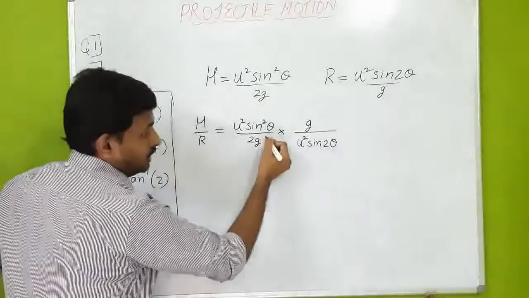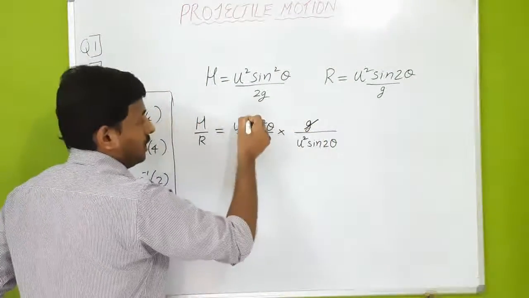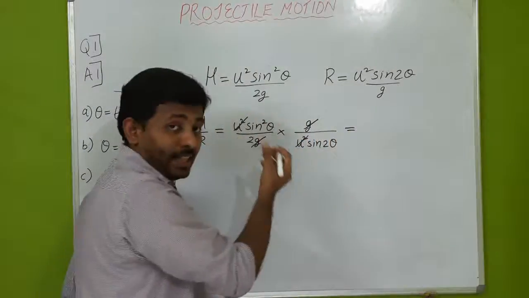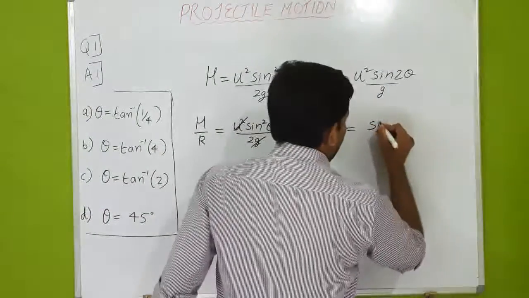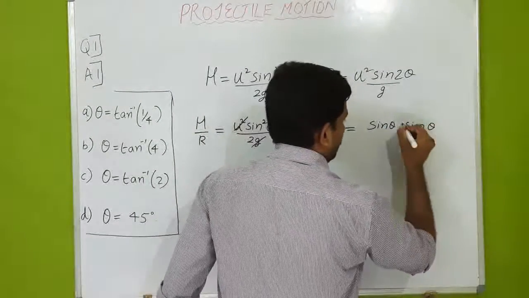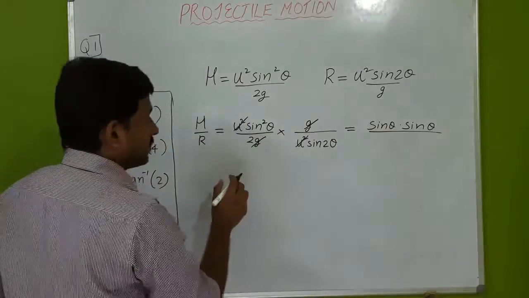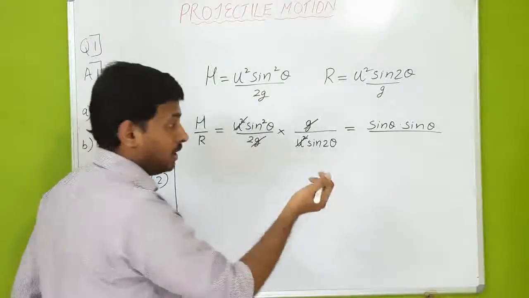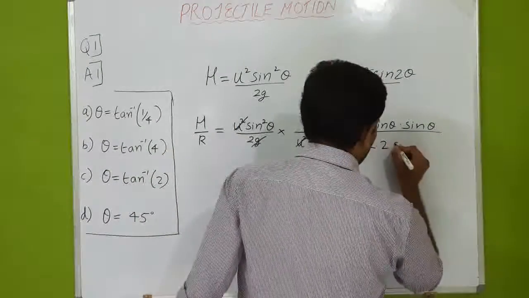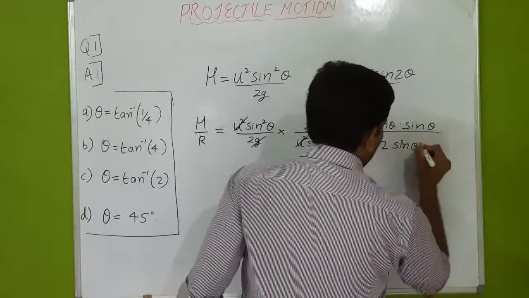So therefore this g and this g cancel, this u square and u square cancel, and we have sine square theta. Sine square theta is sine theta into sine theta divided by 2 into sine 2 theta, and sine 2 theta is 2 sine theta cos theta.